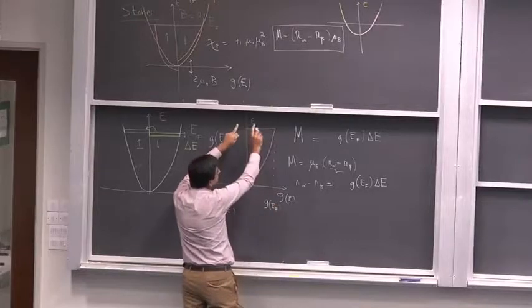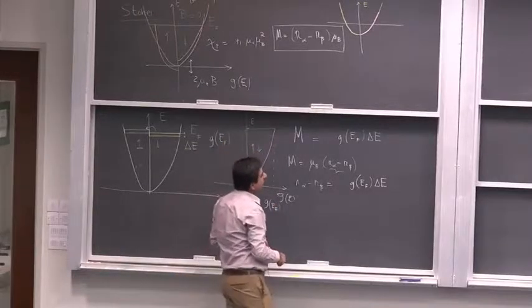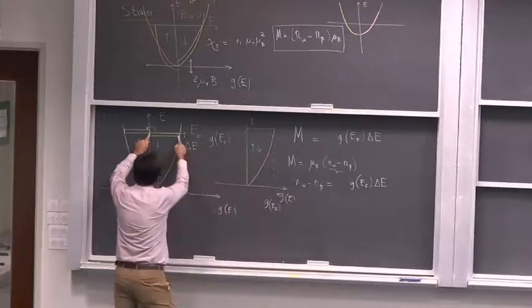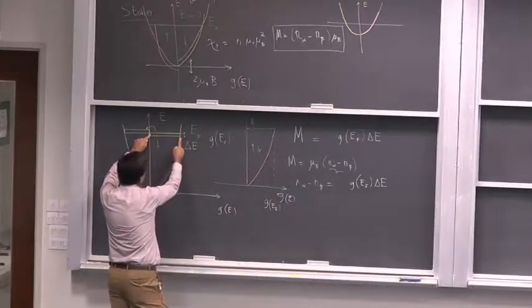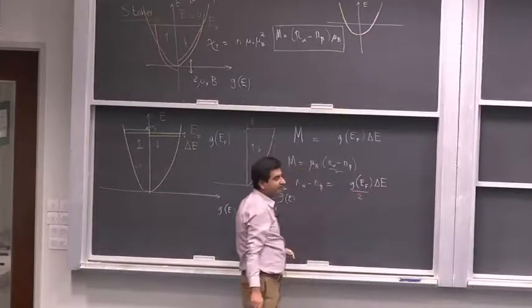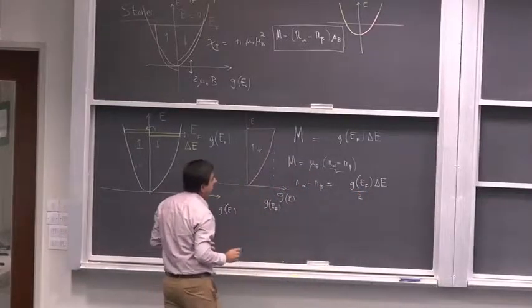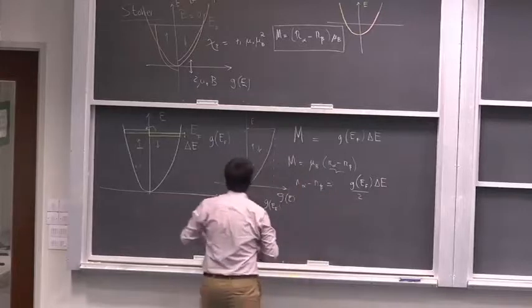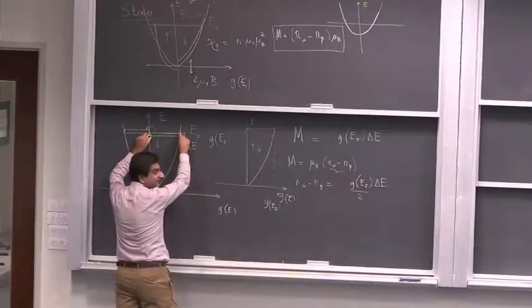So it's for this unsplit band. So this is for the spin split band. So this is G(EF)/2. This is for one spin split band times delta E. This is this particular area.